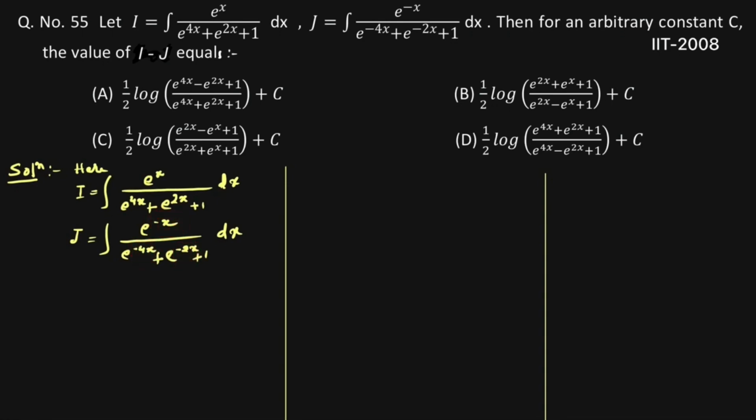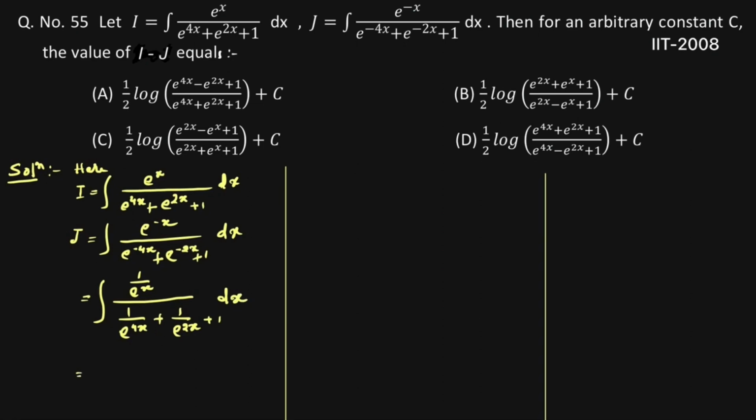Let's see. So j is equal to integration of 1 by e to power x divided by 1 by e to power 4x plus 1 by e to power 2x plus 1 dx.